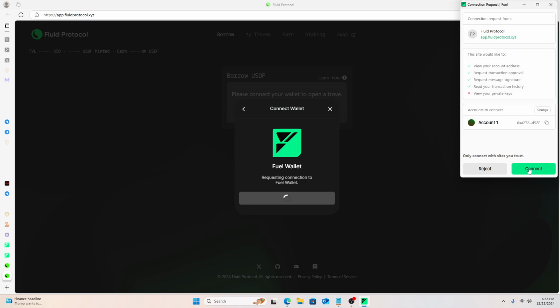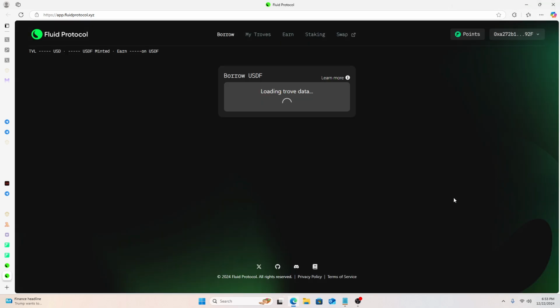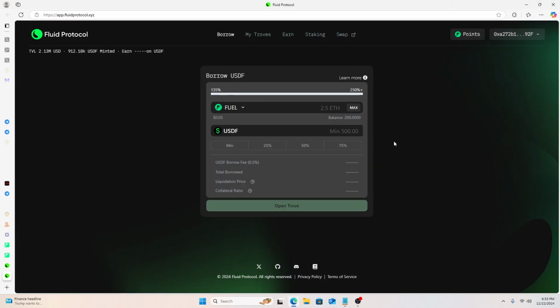Next. Okay, and you can also borrow if you desire, then use your borrowed amount in DeFi strategies with other ecosystem applications. So here is where I'm going to be depositing.